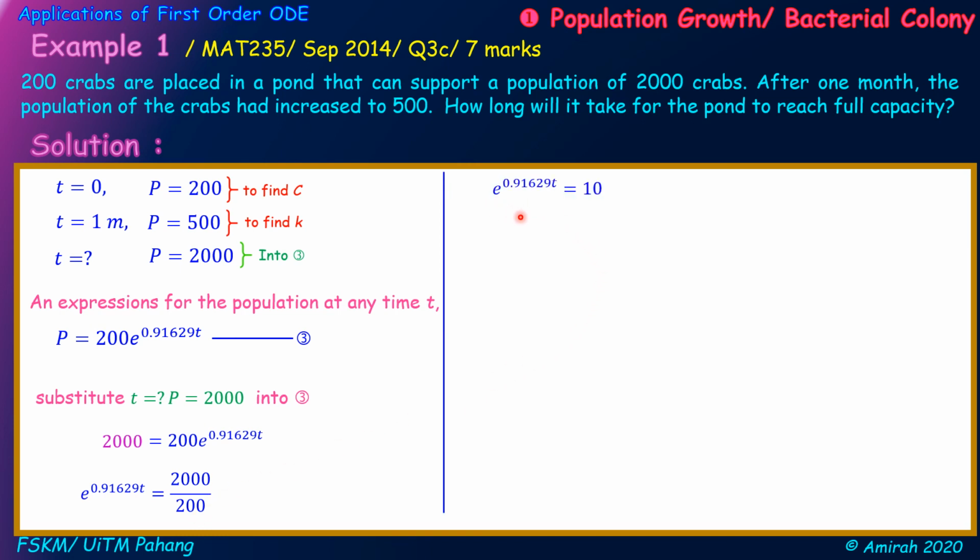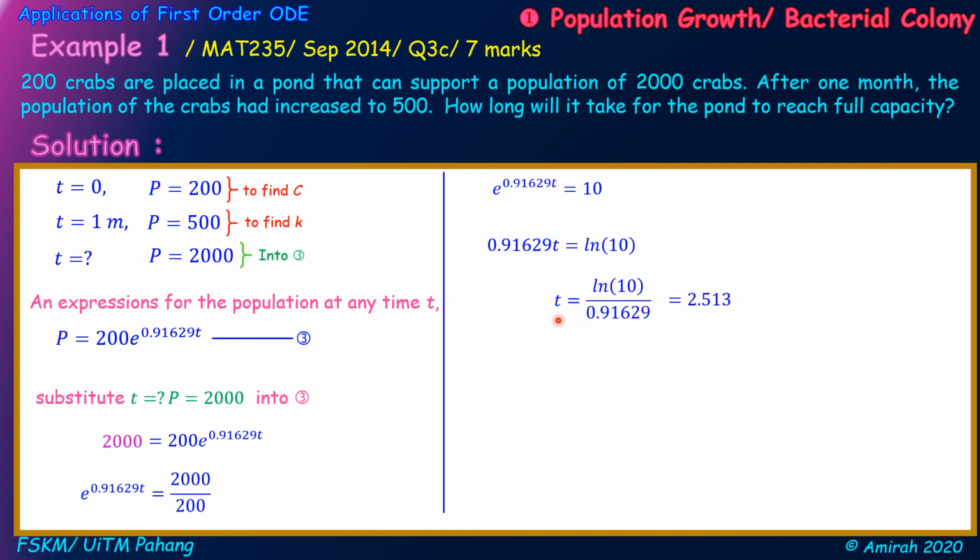Then we simplify. We want to find the value of t, so we need to move e to the right hand side. When we move e to the right hand side, it becomes 0.91629t equals ln 10.